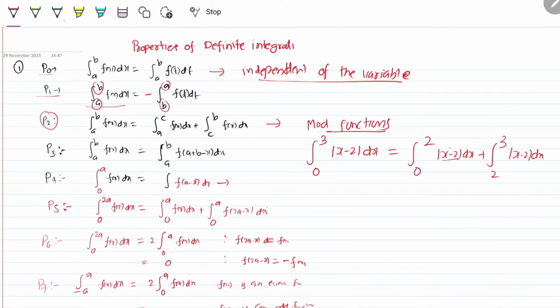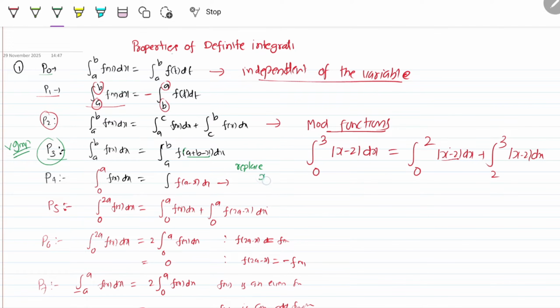Okay. Next property P3. This is very important. P3: the integral a to b of f(x) dx can also be written as the integral a to b of f(a plus b minus x) dx.